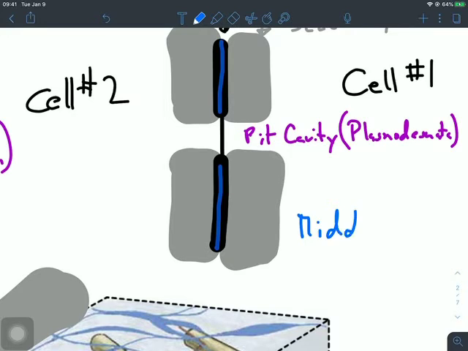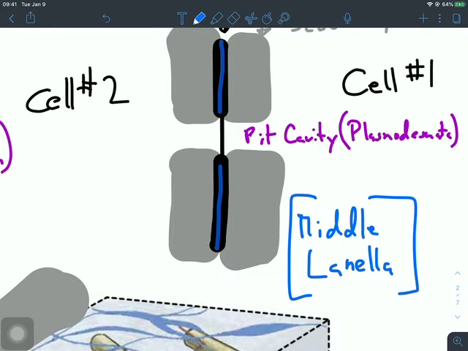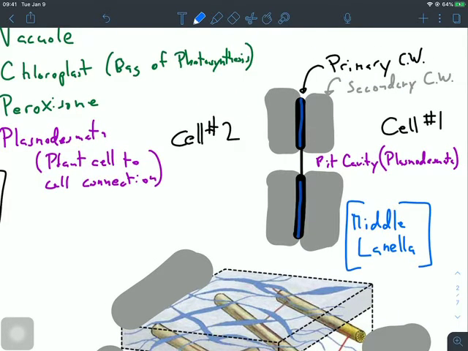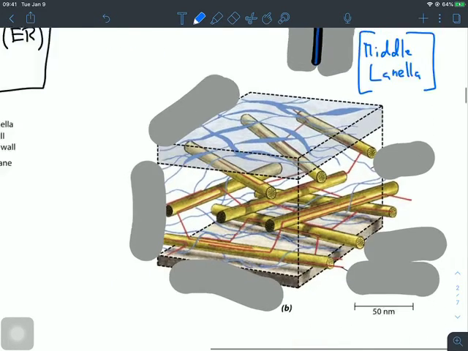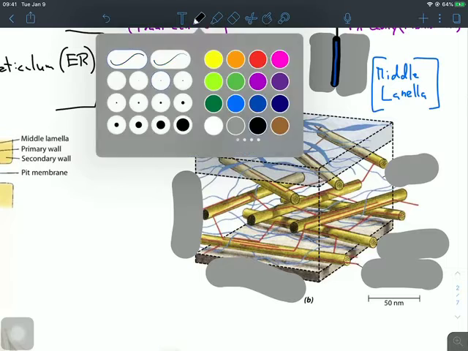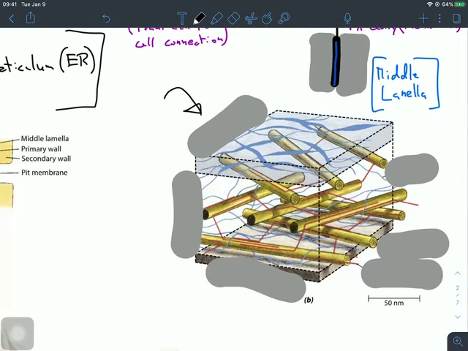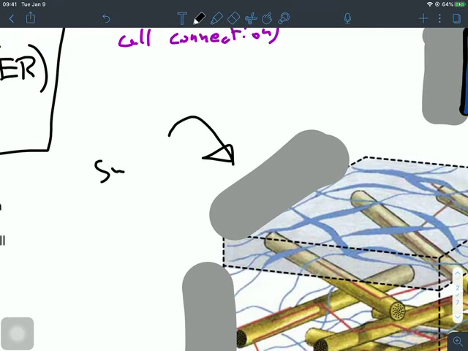or in Latin, the middle lamella, a structure in between the primary cell wall that allows two cells to be connected. Now, as a structural component of this cell wall, we have the different sugar fibers that make up this cell wall.